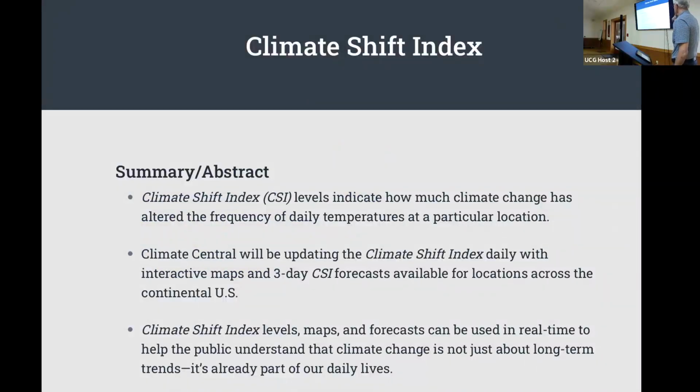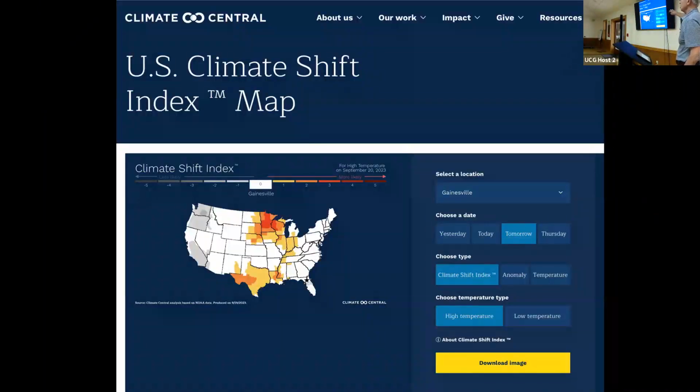Let me move through. So if you go to the Climate Central website and put in Gainesville over on the right-hand side, Gainesville is one of 11 cities in Florida for which there is sufficient data going back 150 years to actually make a determination.